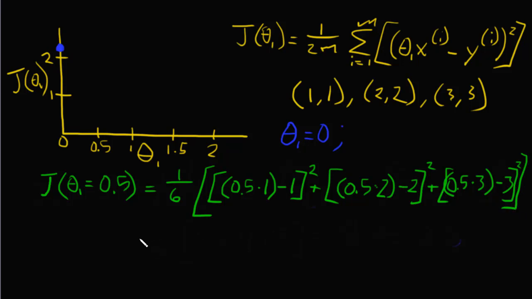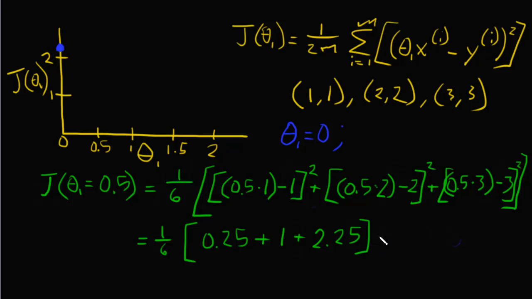Okay, so let's evaluate this. This is going to be 1 over 6 times 1, so 0.5 times 1 is 0.5, minus 1 is negative 0.5 squared, which is going to be 0.25, plus, this is going to be 0.5 times 2, which is 1, minus 2, which is negative 1 squared, positive 1, plus, this gives me a difference of 0.5 times 3, which is 1.5, minus 3, which is negative 1.5 squared, which is 2.25.